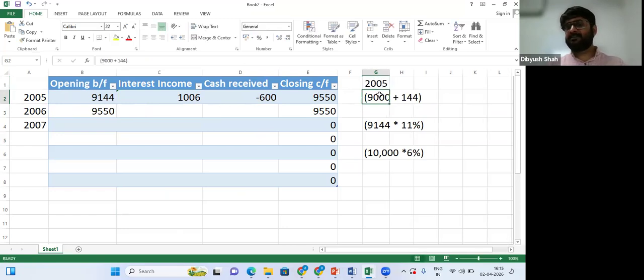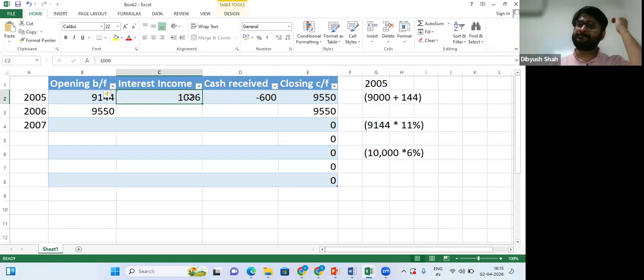First, the transaction was recorded at acquisition cost and also the transaction cost. Then interest income, the income that will be reported in P&L for the investor, not the cash received. This was reported based on opening carrying value into the effective rate of interest, and then cash received, which reduced the carrying value of the asset.